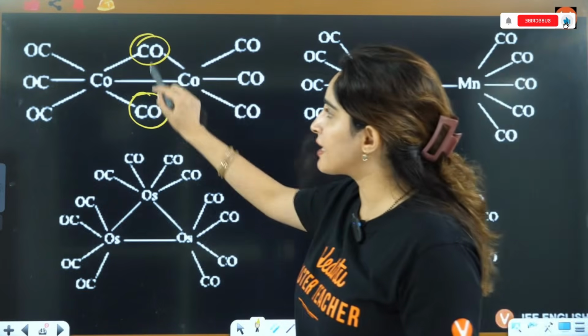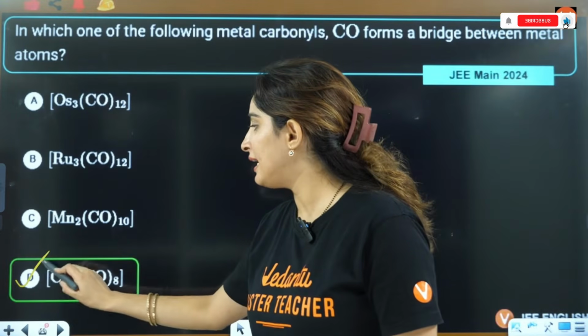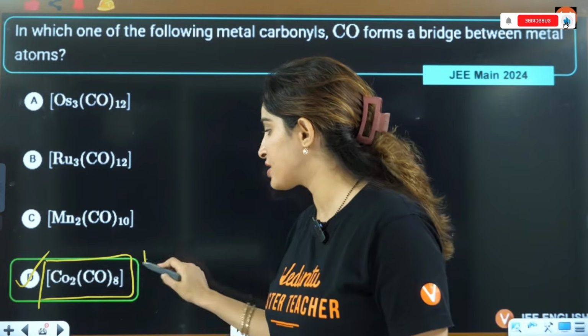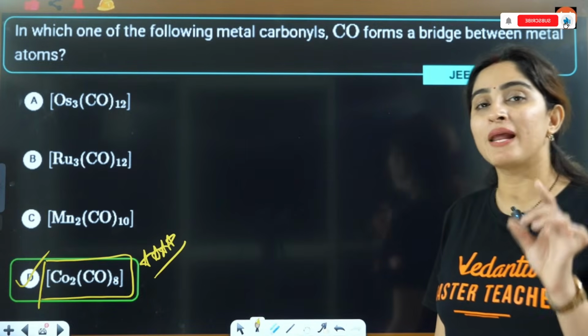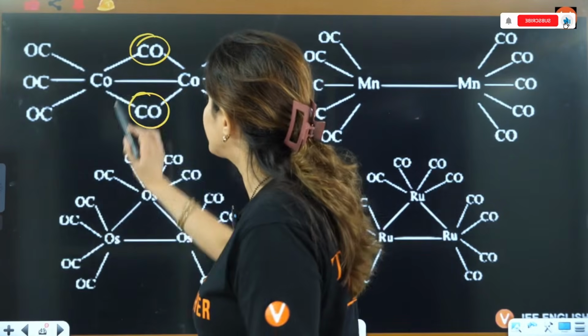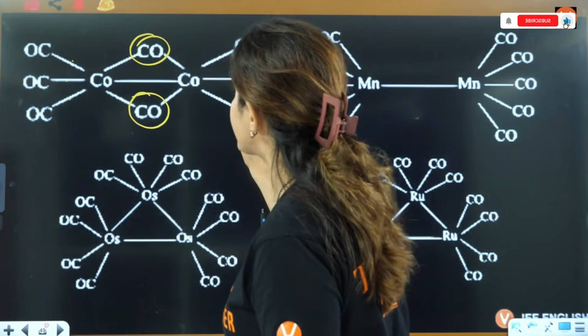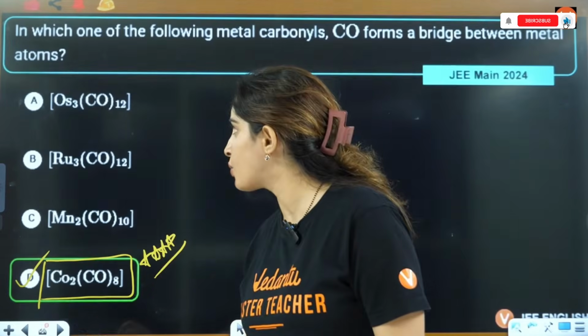Here it is connected to the metal but as a bridge. So answer is going to be D is the correct answer, and this question is very, very important, that in cobalt carbonyl complex you have two bridging carbonyls, others are terminal. These 1, 2, 3, 4, 5, 6 terminal carbonyls you have, only two bridging carbonyls you have here.